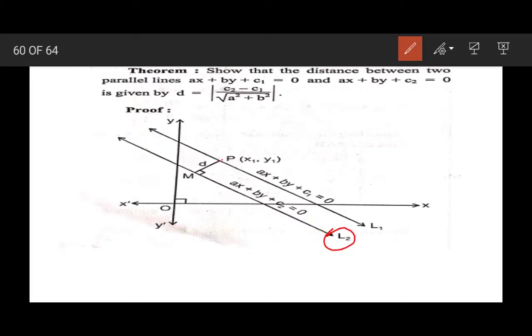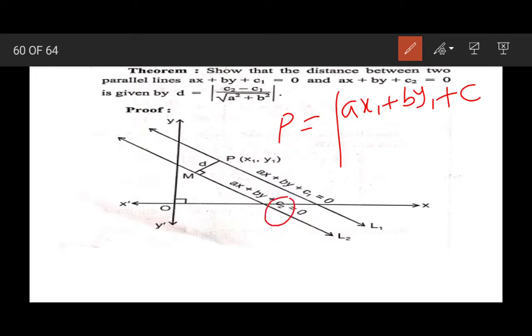Once again, see, this point P is a point outside the line L2. I am interested in finding the distance D. So this D, by using the previous formula, we get this D or p. Previously we denoted this distance as p. So the formula for p was ax1 plus by1 plus c, but here the equation of the line has c2, so ax1 plus by1 plus c2 upon root of a square plus b square.